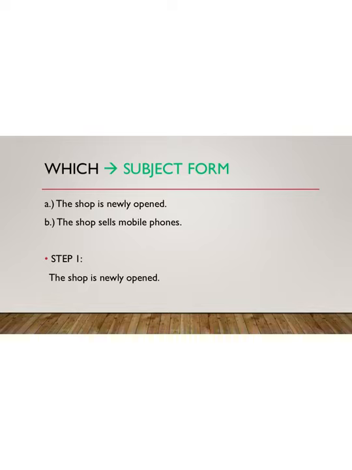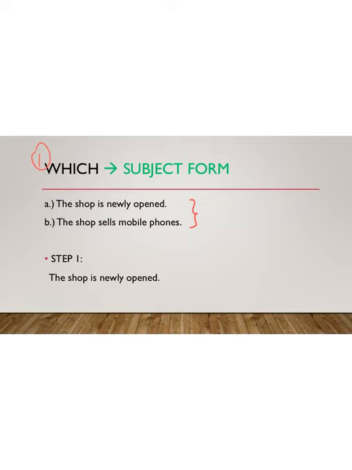First of all, the first one, the subject which. You should be very familiar with these steps. Two sentences again: the shop is newly opened. The shop sells mobile phones. I really want to tell you that the shop is newly opened, but you might not know which shop I'm talking about.